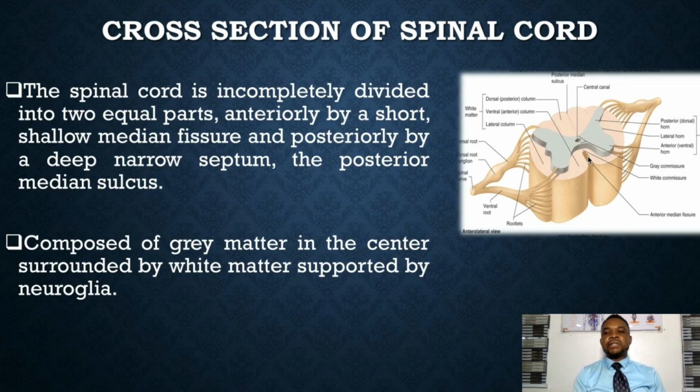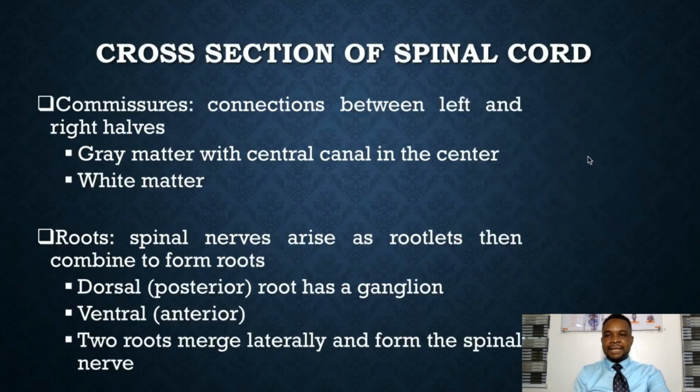The spinal cord is made up of both gray matter and white matter. Remember in our previous video, I told you about the gray matter of the cerebral cortex forming the outer layer, while the white matter forms the inner layer. But in the spinal cord, it's the opposite. The outer layer is made up of white matter, while the inner layer is made up of gray matter.